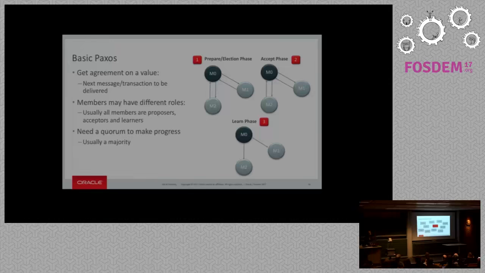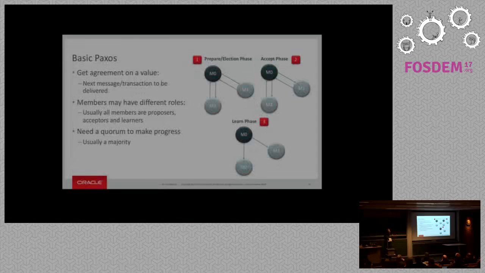To understand how Mencius works and how our solution works, you need to understand a little bit about Paxos. Paxos is really, really simple. Although the implementation is really tricky, and getting it right and getting good performance is not easy, the idea is quite simple. We have nodes that have roles in the protocol.